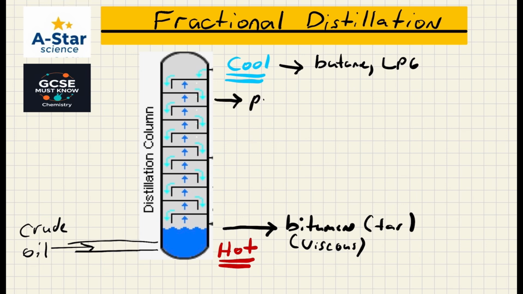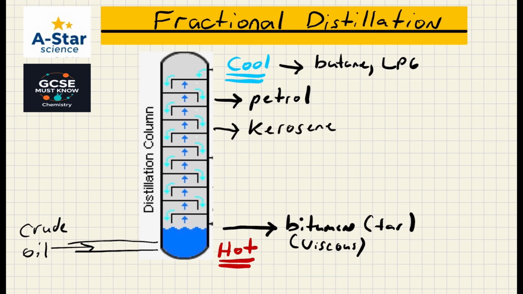Even the petrol that we use in our cars can come from this crude oil, and that can be siphoned off once it condenses. And you'll find that towards the top of the column, it has a shorter chain than others, and that's why it's so flammable. And underneath that, you can get kerosene.